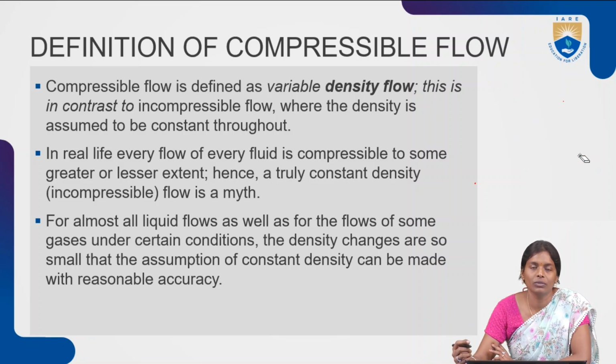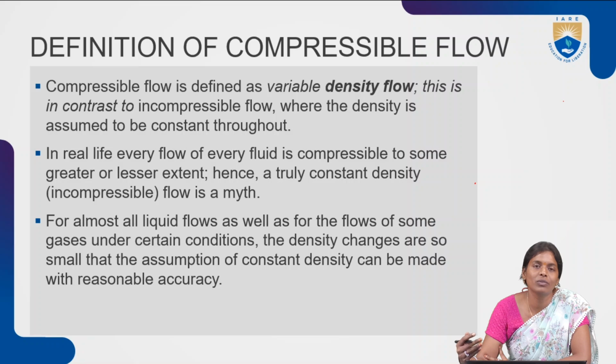It is not constant; it is a bit lesser. If you consider a flow field going at higher speeds, there will be changes in pressure, and due to those pressure changes there will be a change in density. So when we talk about high-speed aerodynamics, when the flow speed is higher, there is a change in pressure and, correspondingly, a change in density.